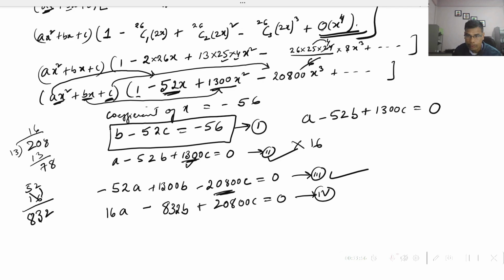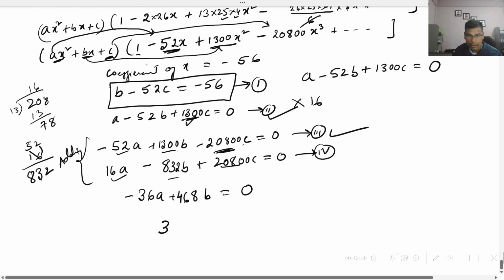If you take this 4, then add this 2, adding, you'll get minus 52 plus 16 will be minus 36a, then this minus this will be plus 468b, so this with this is 0, so this whole thing is 0.